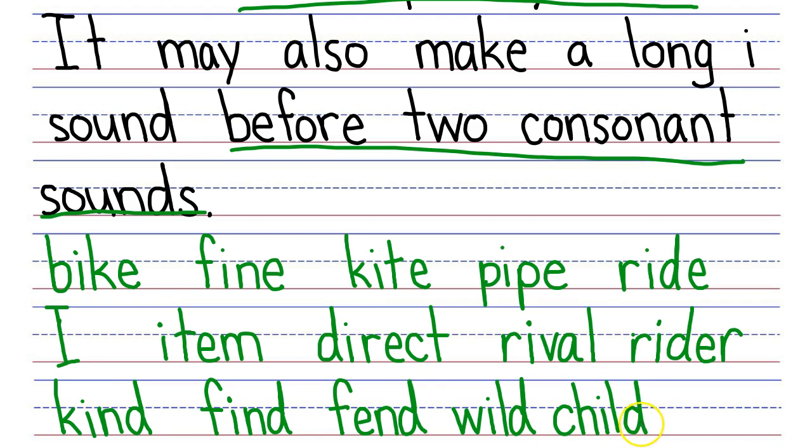Ch, I, l, d. And last word, pint. We have a P that says p, an I that says I, an N that says n, and a T that says t. The I makes its long I sound because it's followed by two consonant letters, the N that says n and the T that says t. P, I, n, t. Pint.